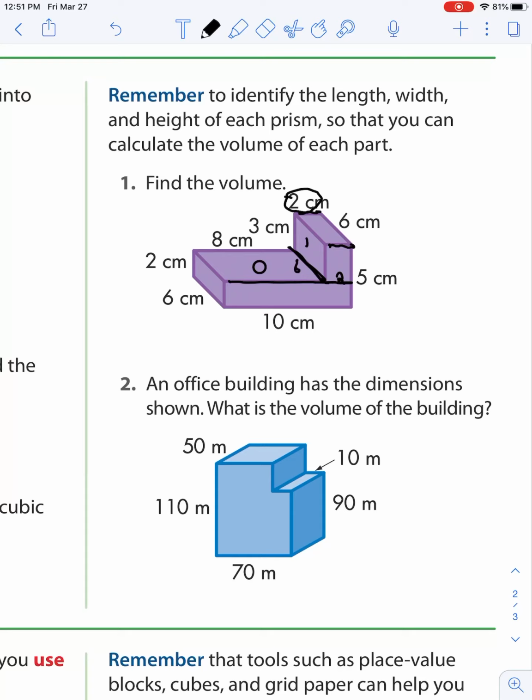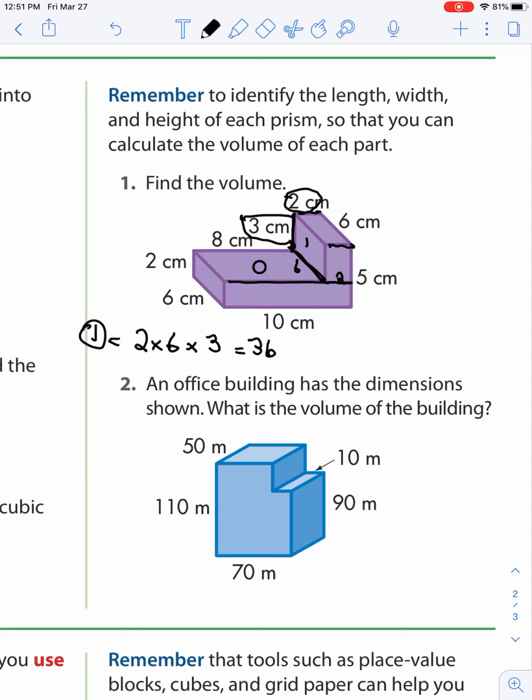So 2 times 6, and then we know that it is 3 centimeters tall. So rectangular prism 1 is equal to 2 times 6 times 3. 2 times 6 times 3 is 12 times 3, which is 36.